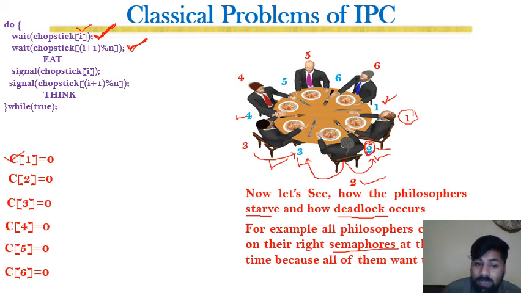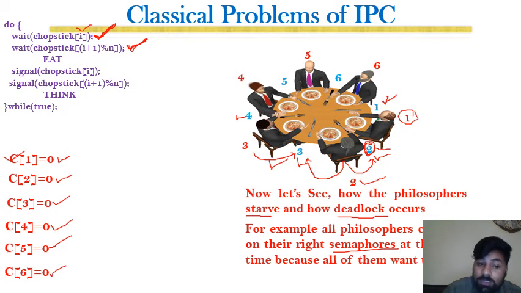Definitely everyone will have to wait, because the wait has been called on this. So process number 1 is waiting for process number 2 to release. Process number 2 has been waiting for process number 3 to release. Process number 3 has been waiting for process number 4 to release the chopstick, and similarly process number 4 has been waiting for process number 5 to release the chopstick, and process number 5 has been waiting for the chopstick to be released by philosopher number 6.